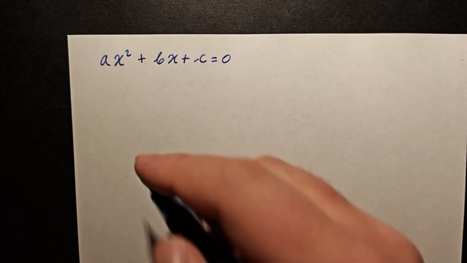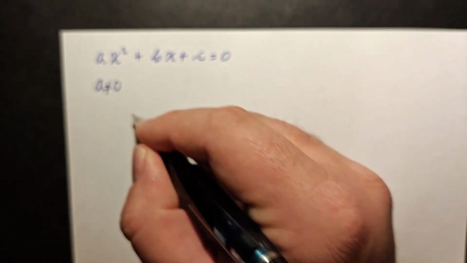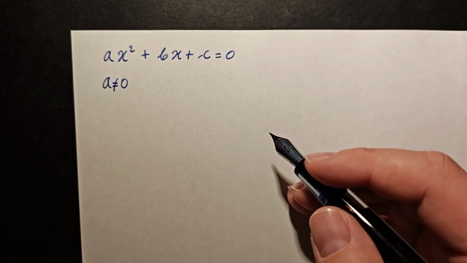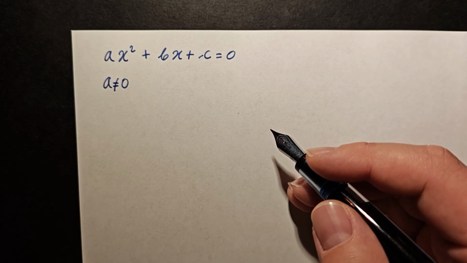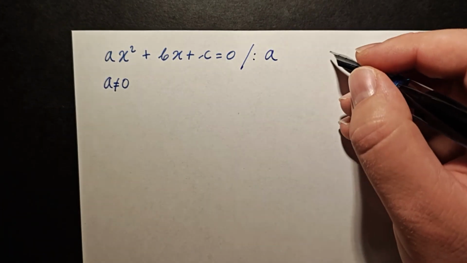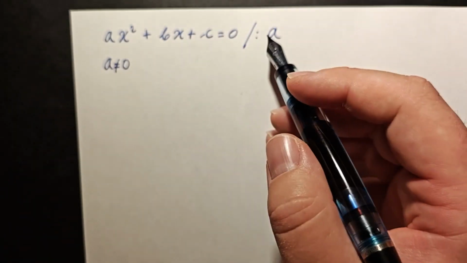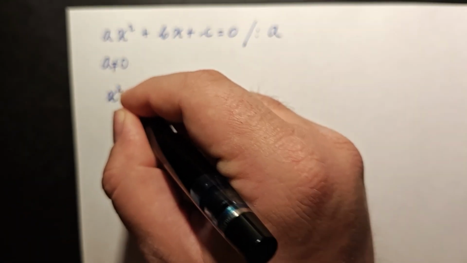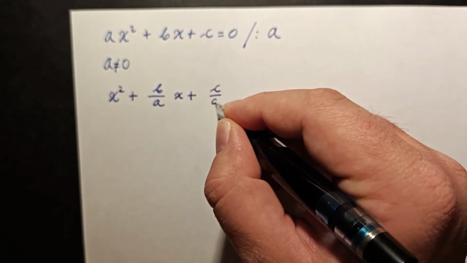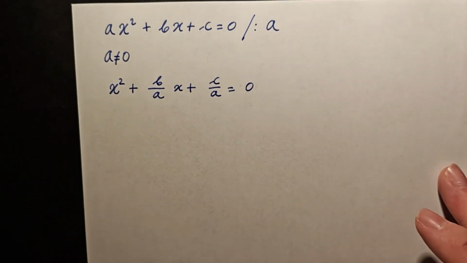So we know that a has to be different than 0, otherwise we don't have a quadratic equation. So let's just divide the entire equation by a, and that entire equation is then transformed into x squared plus b over a x plus c over a is equal to 0.